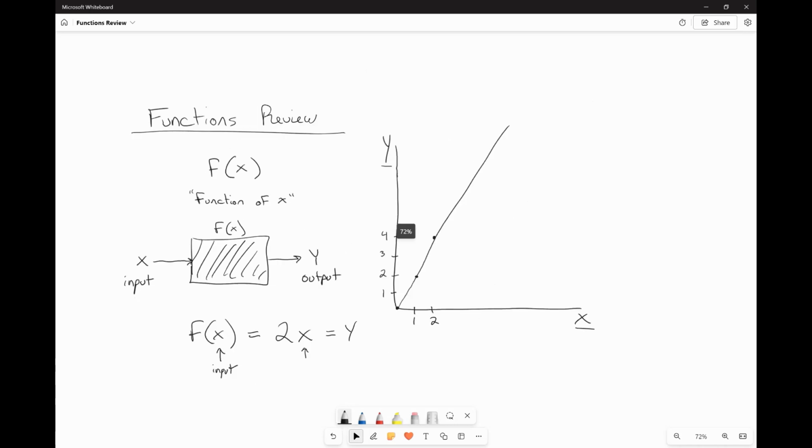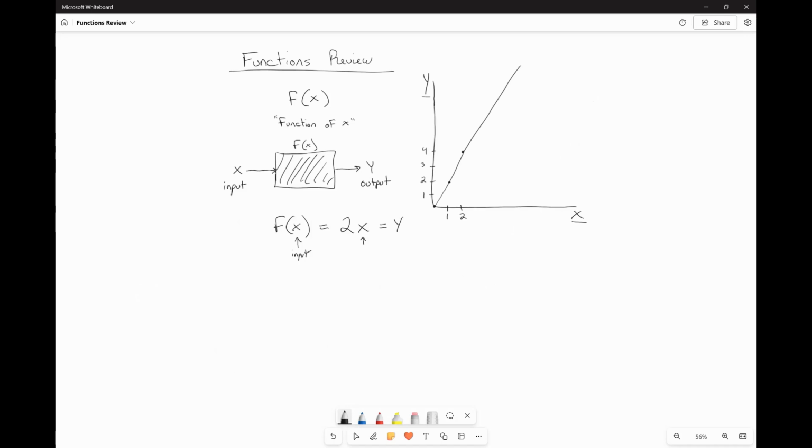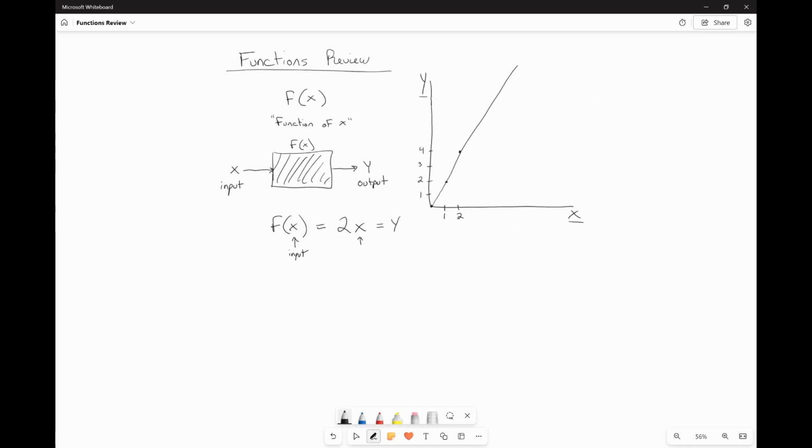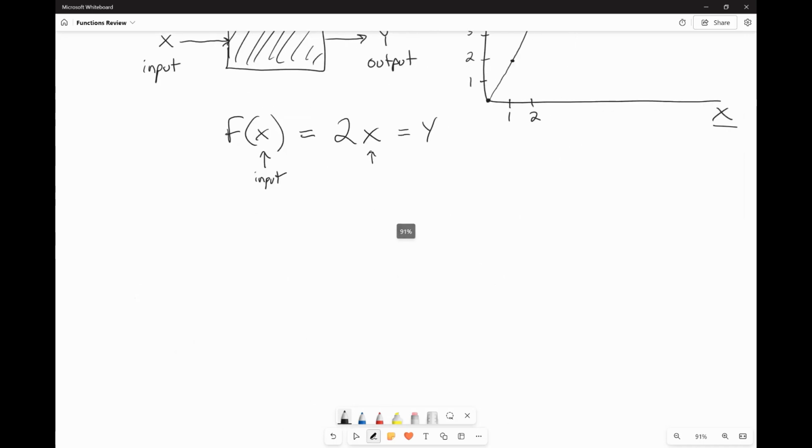We use functions all the time. Now, I just want to highlight a couple of things about functions. These are just a couple of quick points that will probably be helpful. So one thing I'm going to say is that when we write functions, when we use this notation f of x, what goes inside of these parentheses are the inputs, as I said before.